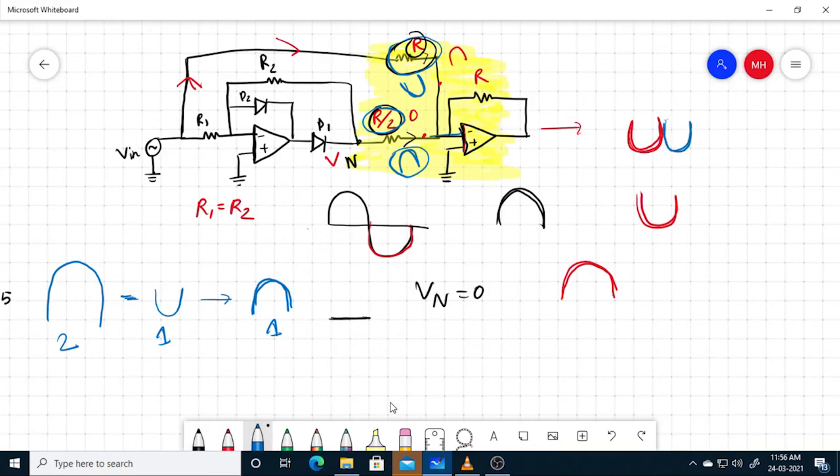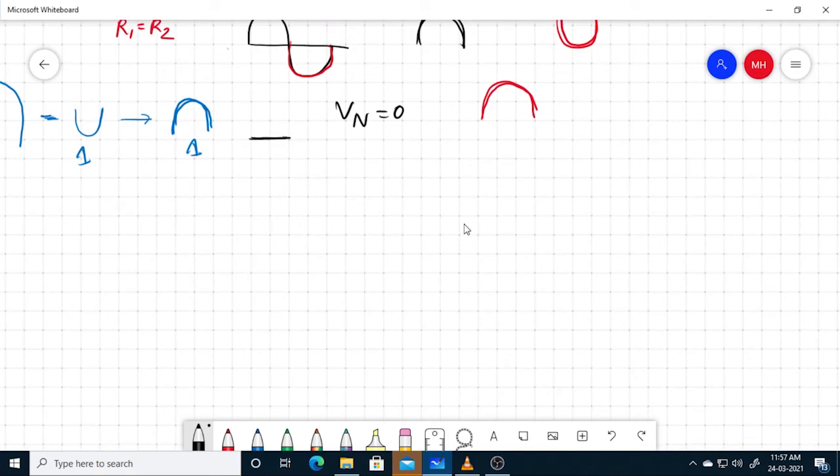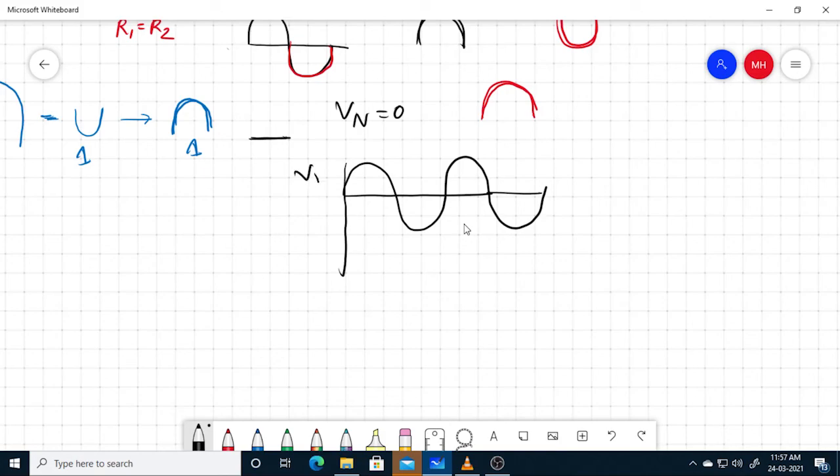So for the full wave rectifier, if we draw the waveform, input and output will be like this. This is the input Vin, and for the Vout we'll get something like this, always negative.